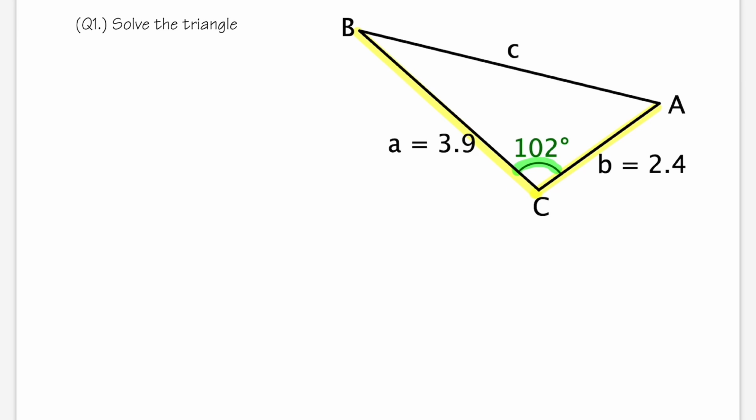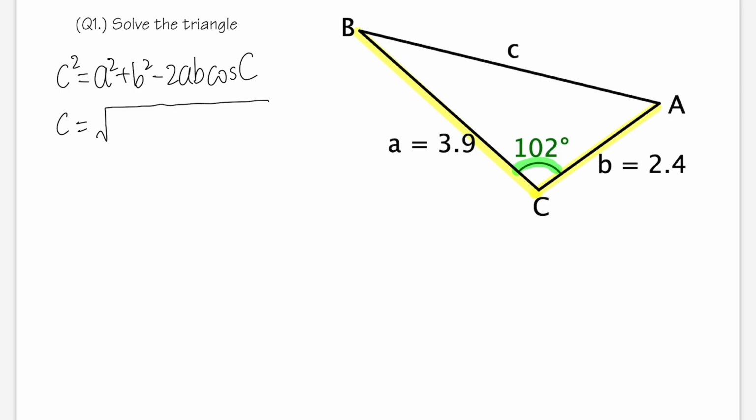So with that being said, we can actually find out what C is right away. Earlier, we know that C squared equals A squared plus B squared minus 2AB times cosine of the angle C. And we can just throw in all the numbers, and make sure that your calculator is in degree mode. C squared we don't know, but we can just take the square roots on both sides.